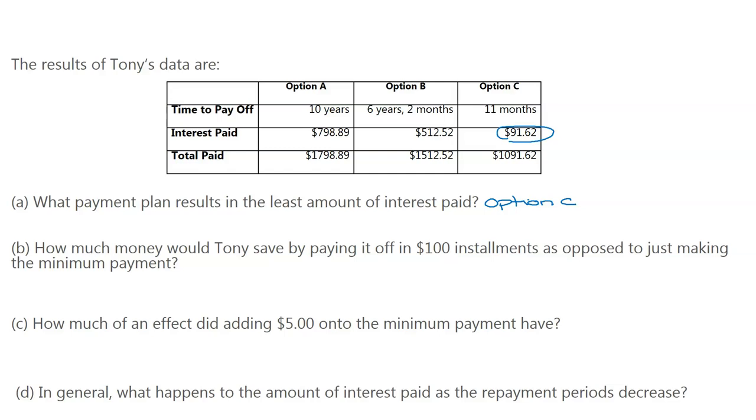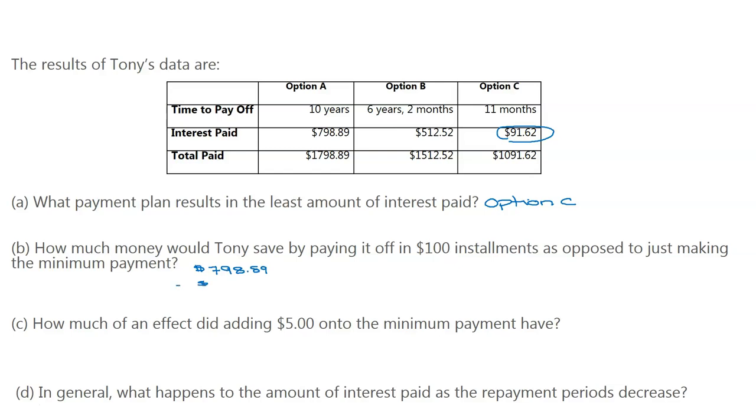B. How much money would Tony save by paying it off in $100 installments as opposed to just making the minimum payment? So in other words, how much cheaper is option C than option A? Well, let's subtract the interest to find out how much he'd save. Option A, he has to pay $798.89 in interest.